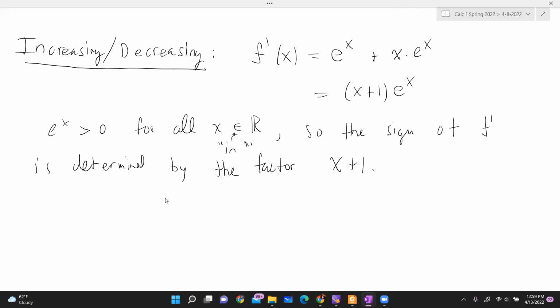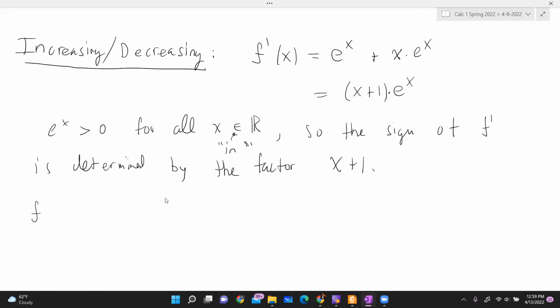We have two factors: the first factor is x plus 1, and the second is e to the x. But e to the x is always positive, so we can just ignore it and determine the sign of f prime of x from x plus 1.